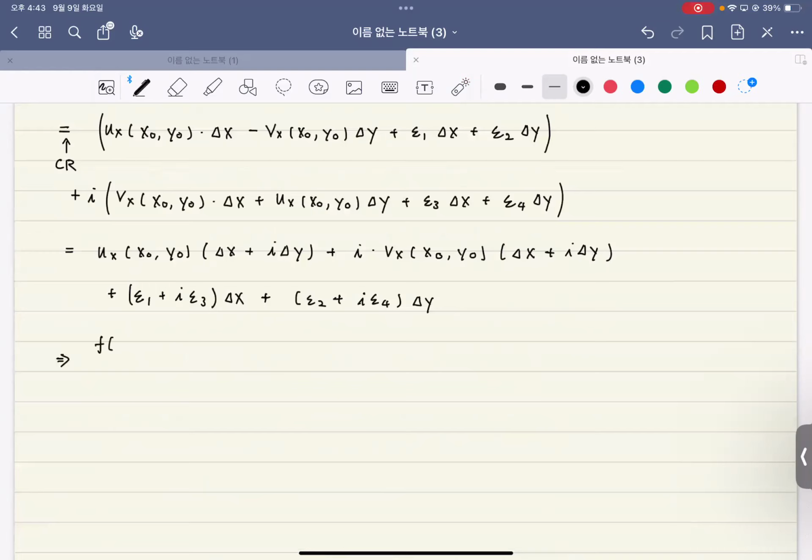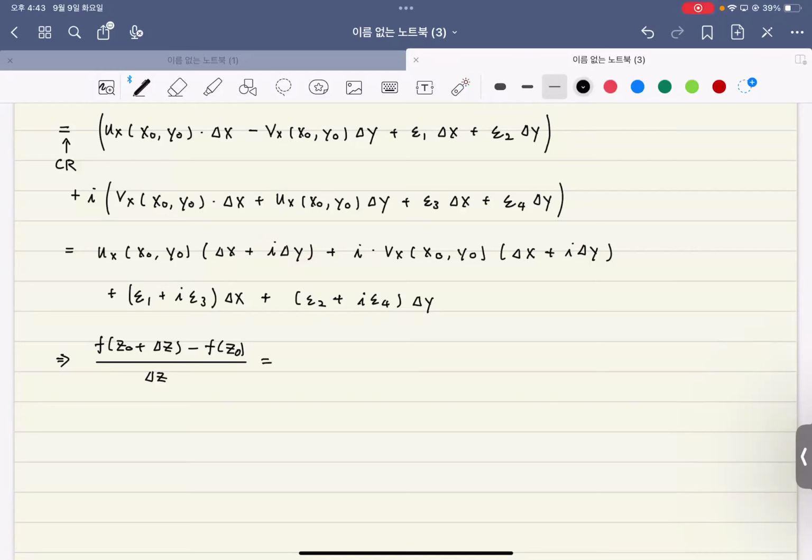Now, I want to divide this by delta z. But delta z is simply delta x plus I times delta y.